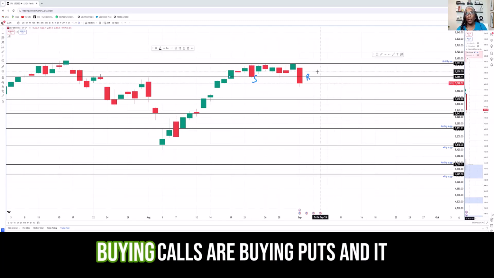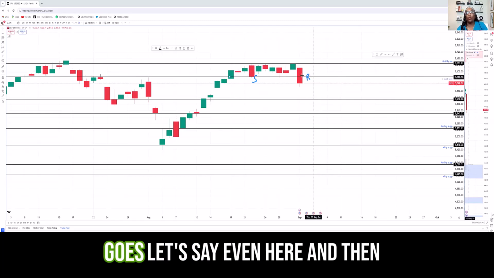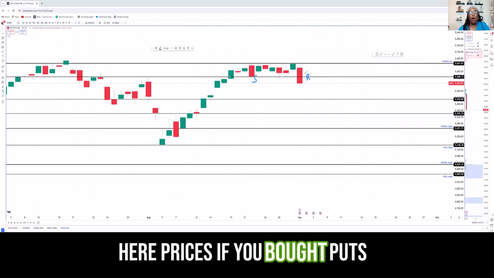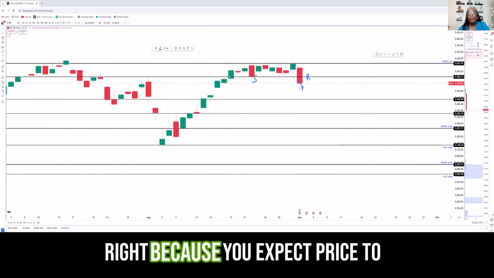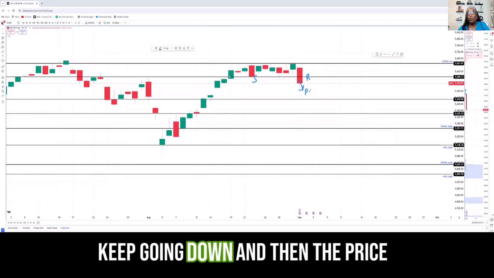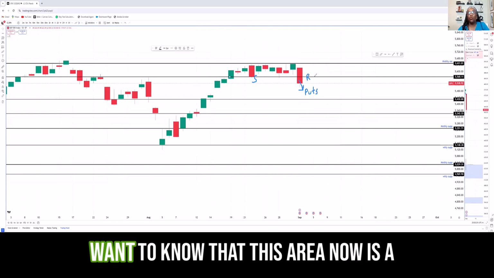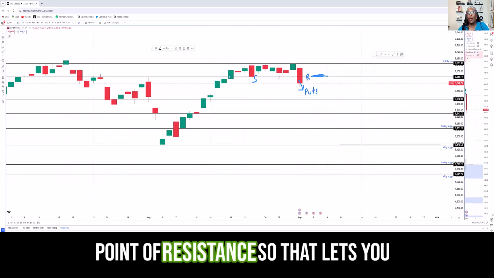Because if you're buying calls or buying puts and it goes, let's say even here, and then price reverses on you right here. If you bought puts, because you expect price to keep going down, and then the price comes back up, you do want to know that this area now is a point of resistance.